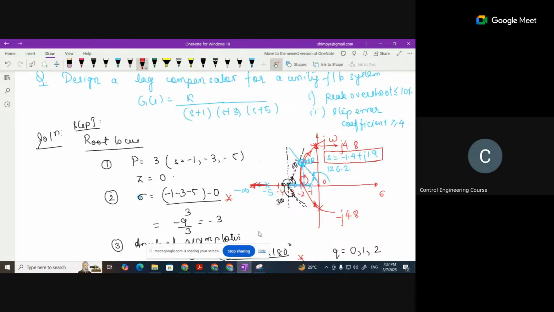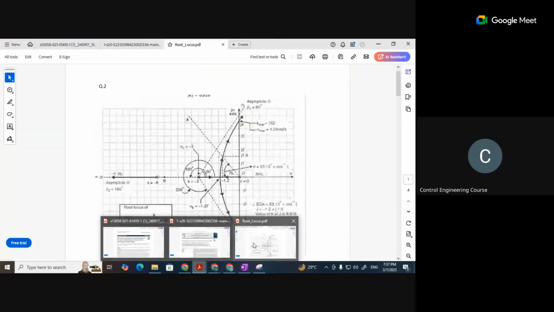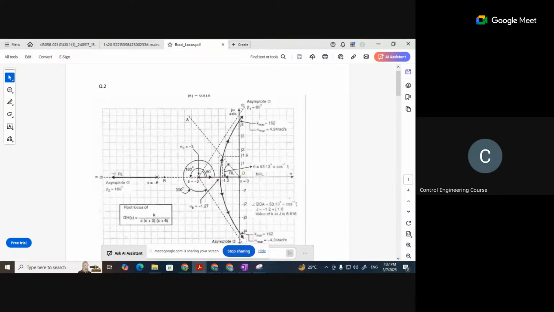That's why I've plotted it here on the graph paper to show you. See how we arrive at this. In the very first question, I plot theta and draw a line from O to A, and this line OA cuts my root locus at C, which is minus 1.2 plus j 1.6. But are we just looking at the graph?